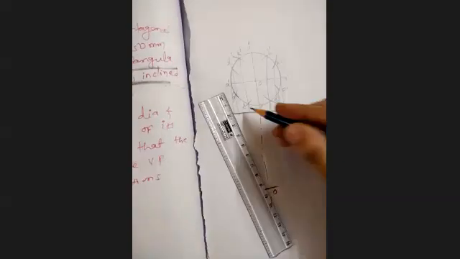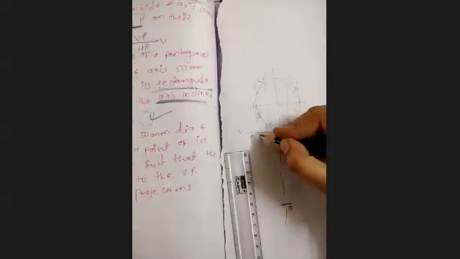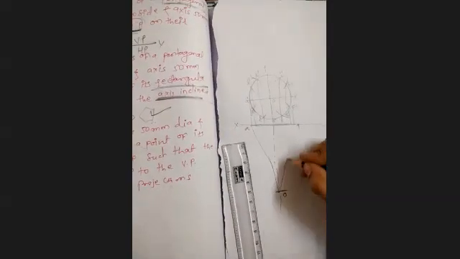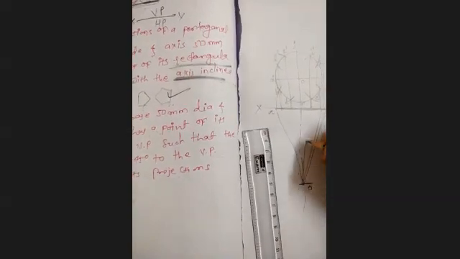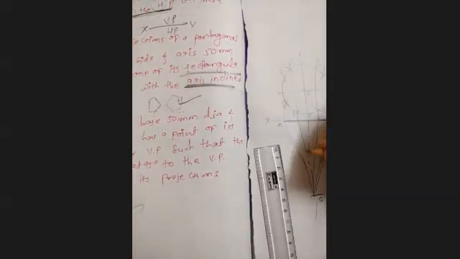And join this point by using your scale, A to O, like this, and G to O. Similarly, all these points join this O point by using your scale. Join all points here.